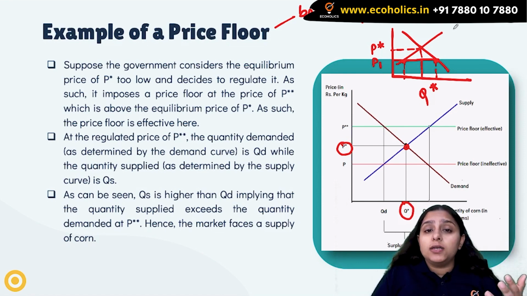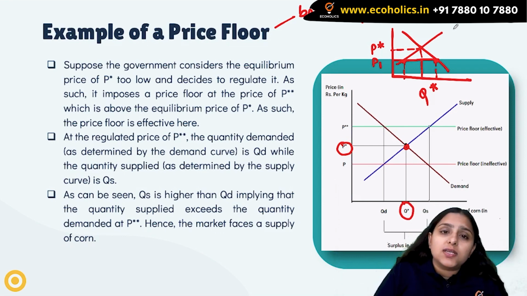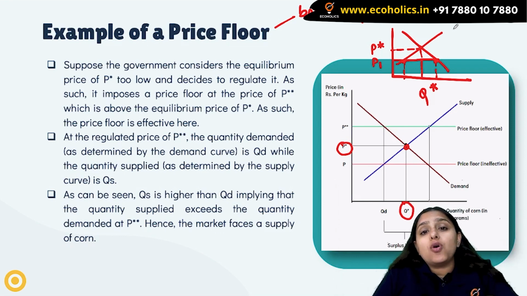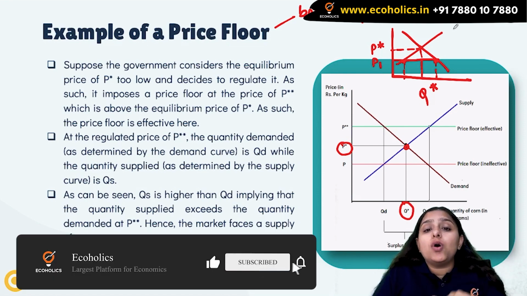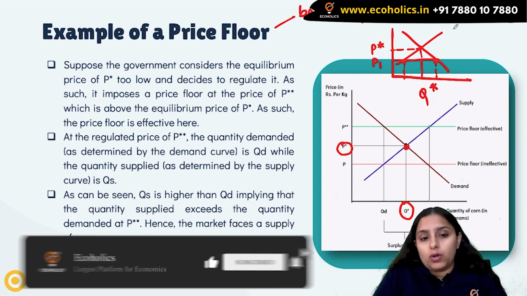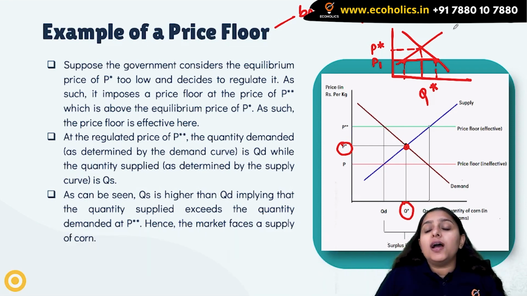That was done so that you do not exploit producers. But by keeping a price floor below the equilibrium price, you have even pushed the suppliers out of the market. So that has gone in the wrong direction, which means that a price floor below equilibrium price is not effective at all, right? Which will again lead to a shortage in the market.